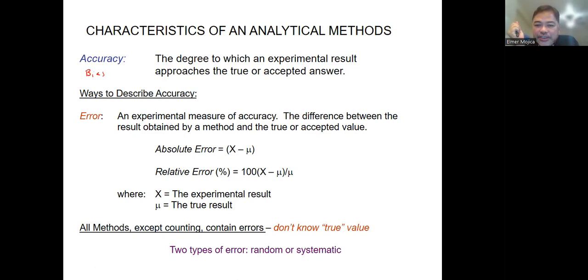Okay, so if precision is described by standard deviation, we could say accuracy is characterized by the error. It can be absolute error or relative error. So the lower the error, okay, the more accurate is the sample or the measurement. So error is just the difference between the result that is obtained and the true value.